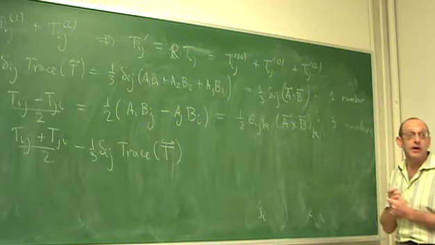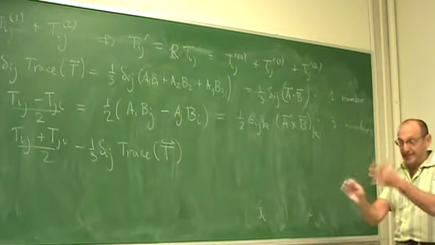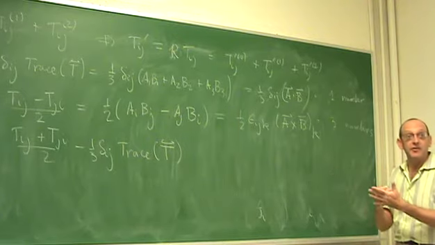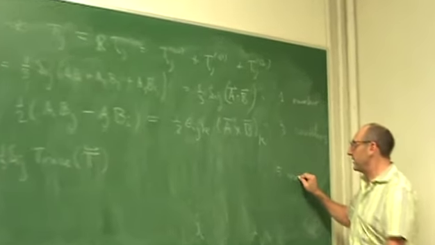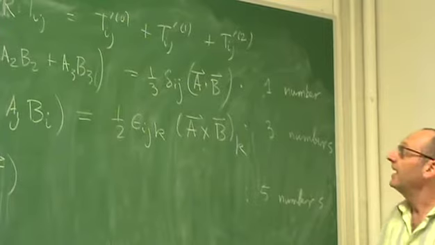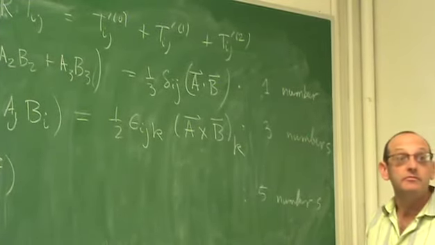However, the trace is 0. Thus, the sum is constrained to be 0, which means one of those numbers is dependent on the other two. So that's a total of 5 numbers that specify a symmetric traceless tensor. And of course, that adds up to 9, as we expect.